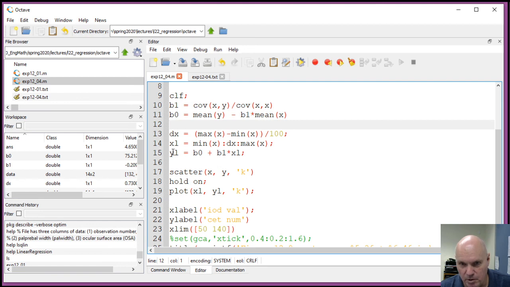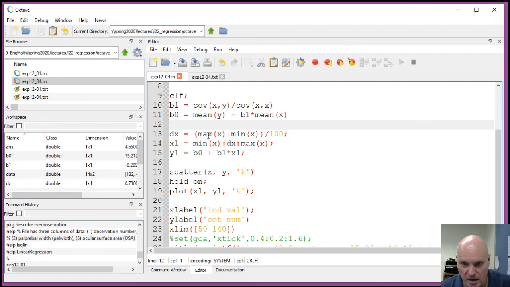So I've got my formula for my regression line. It's B0, the intercept, plus the slope times x, and I generate a vector of x values here that don't correspond to my data values, but are just x values that I use to draw my line.